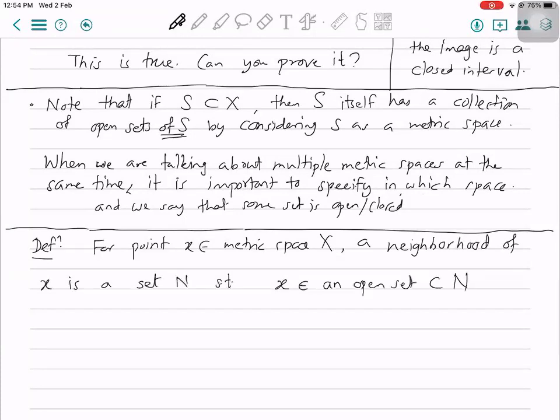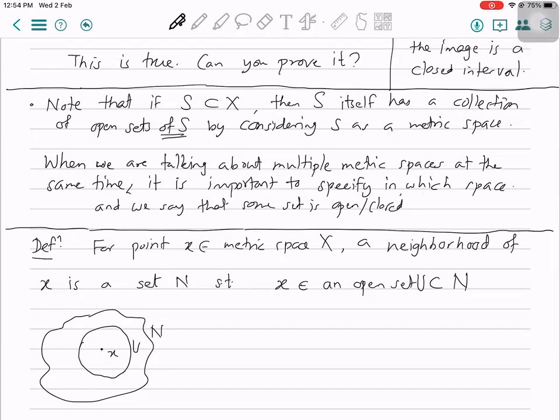This may look like a strange thing, but I will first draw a picture to keep in mind. Here is x, and you have an open set, let's call it U, and then you have some neighborhood N. In other words, what we are saying is that this set N itself may not be open, but it contains an open set containing x.